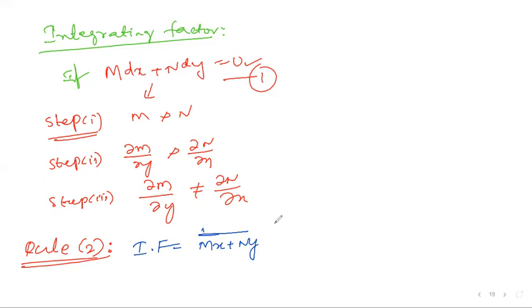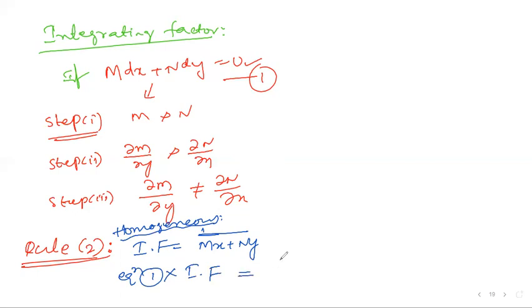Means if the given differential equation is homogeneous, the integrating factor is 1 by (Mx plus Ny). So to make it exact, this integrating factor is multiplied to equation 1.